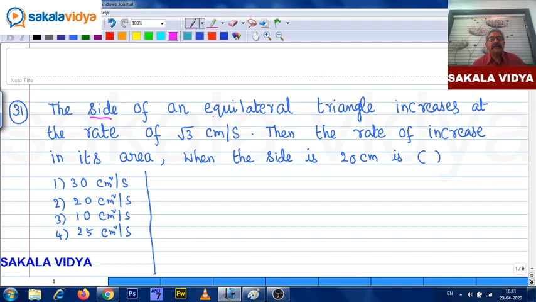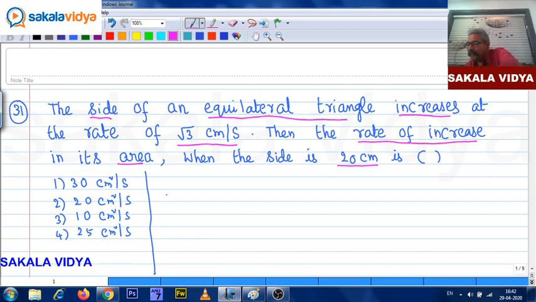Side of an equilateral triangle increases at the rate of √3 centimeter per second. Rate of increase in its area when the side is 20 centimeters. So that means this problem is related to equilateral triangle. So what is given?